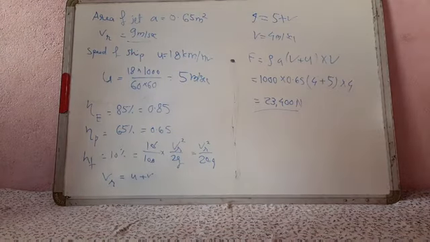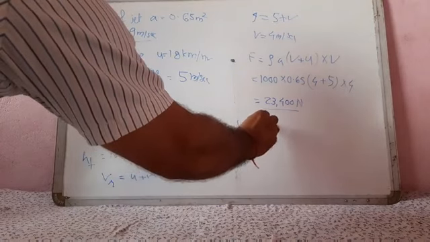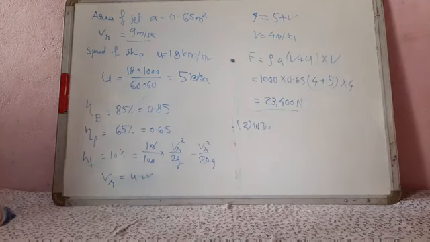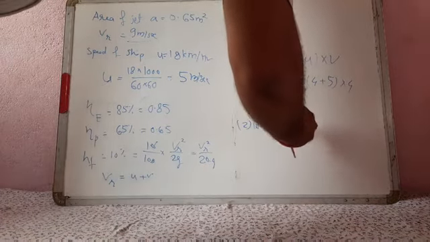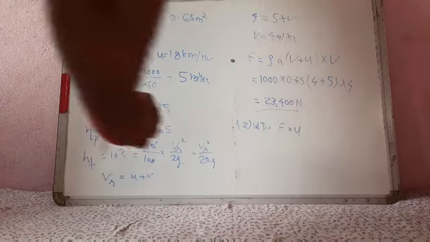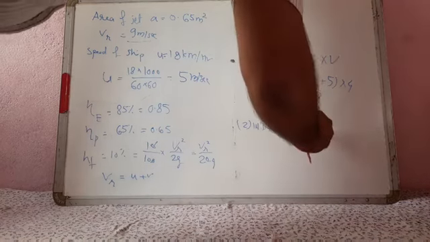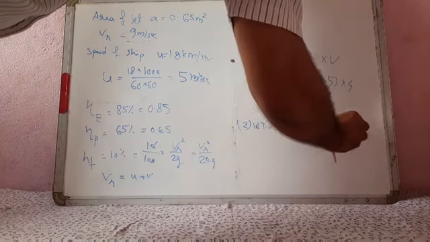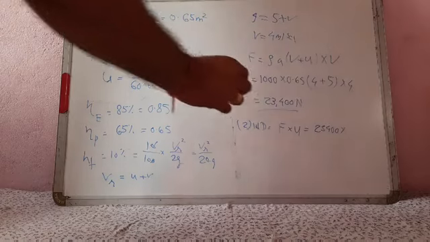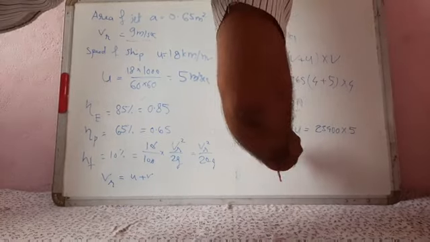Now the work done. This is F into U. Putting the values here, the value of F is 23,400 into the value of U, which is given as 5 meter per second.